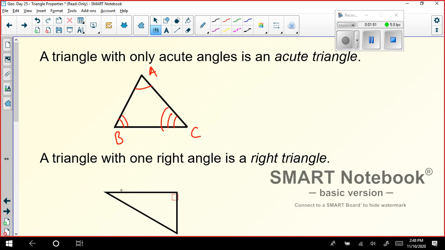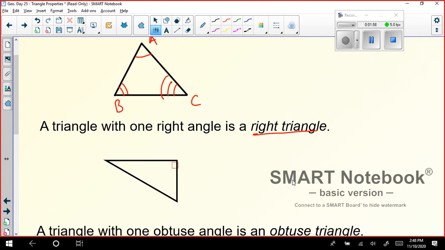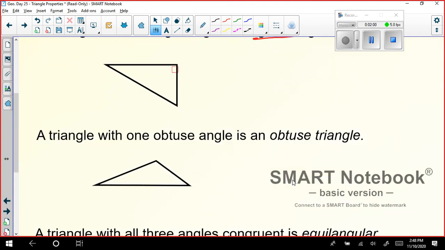If one of the angles is a right angle, then we call it a right triangle. A triangle with one obtuse angle is called an obtuse triangle. If one of the angles in a triangle is an obtuse angle, then we have an obtuse triangle.